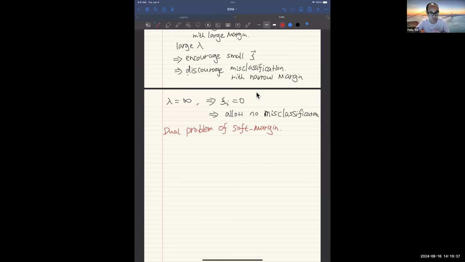Everything is basically the same as the hard margin.